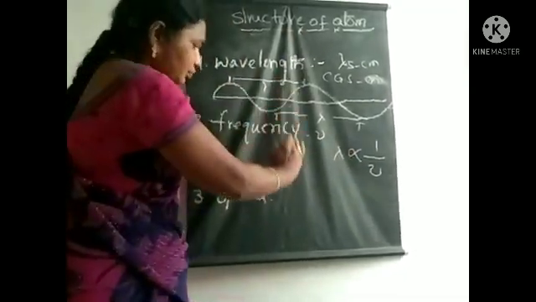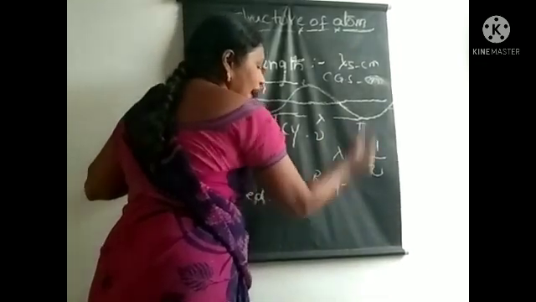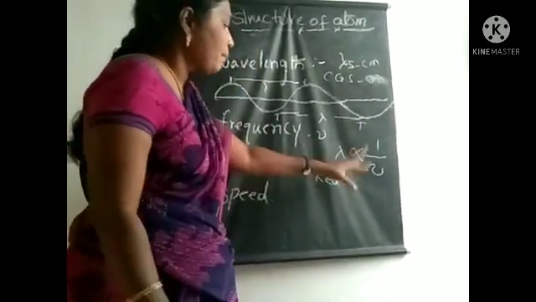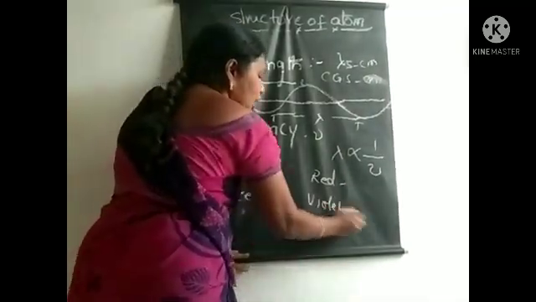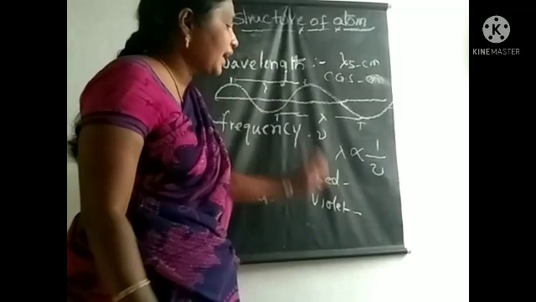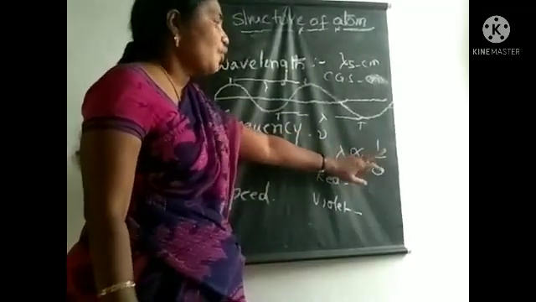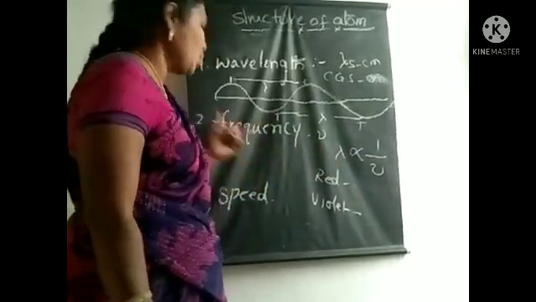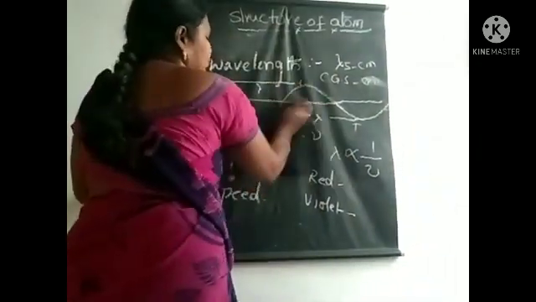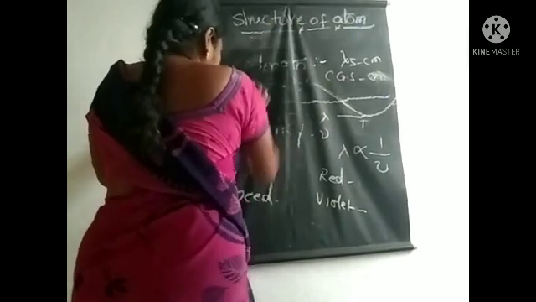For example, red color has higher wavelength but lower frequency, and violet color has lower wavelength and higher frequency. Later, we will discuss another topic.